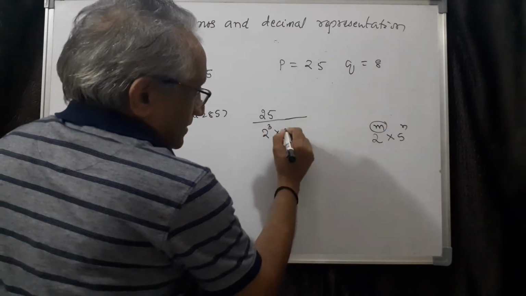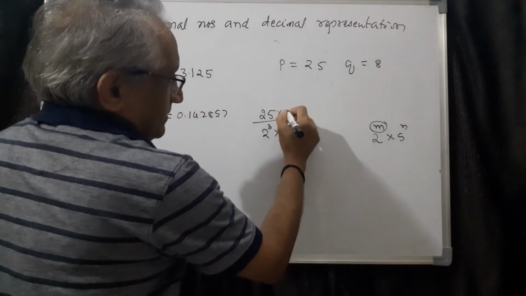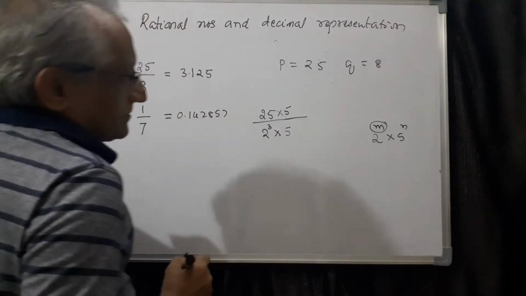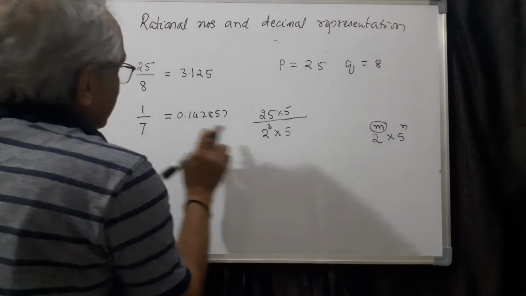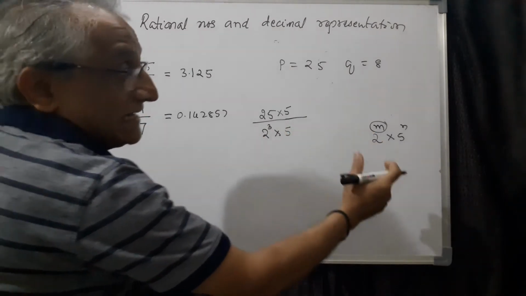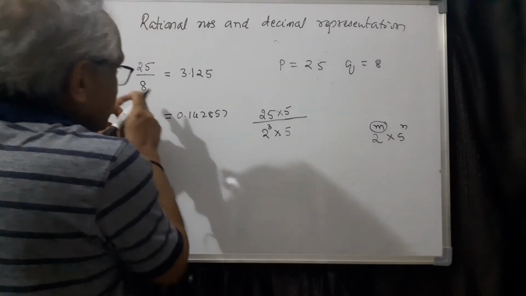Of course n should also be positive. So what we can do is multiply by 5. So this also can be written as 5. Now this becomes 2 cube into 5 power 1. But that should be converted into 10 actually. So is it possible? Yes. Whenever you can do this, it is terminating.